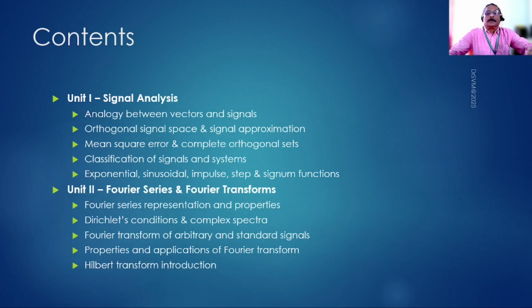Then we try to classify the signals and the systems using different tools, different yardsticks, and then try to see some standard examples of signals like exponential, sinusoidal, impulse, step, and signum functions. We use these standard signals to represent a signal and try to understand the system behavior.